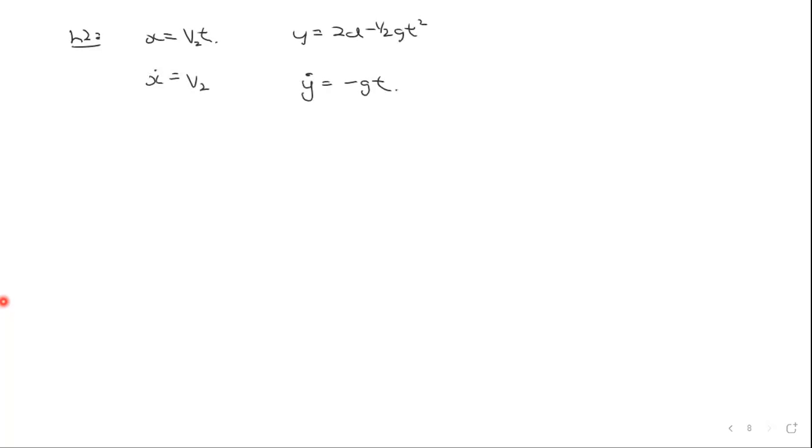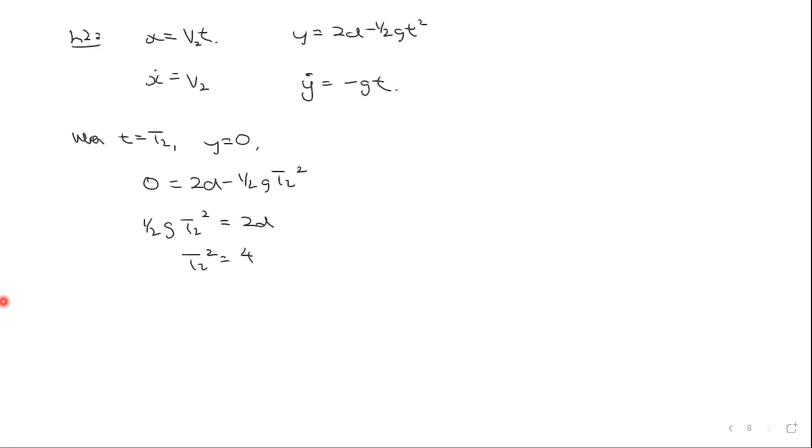We know that at landing, when t equals t2, y equals 0. So we need to find when it lands. Let's solve for that. 0 must equal 2d minus a half g t2 squared, which means half g t2 squared equals 2d, which means t2 squared is 4d over g.